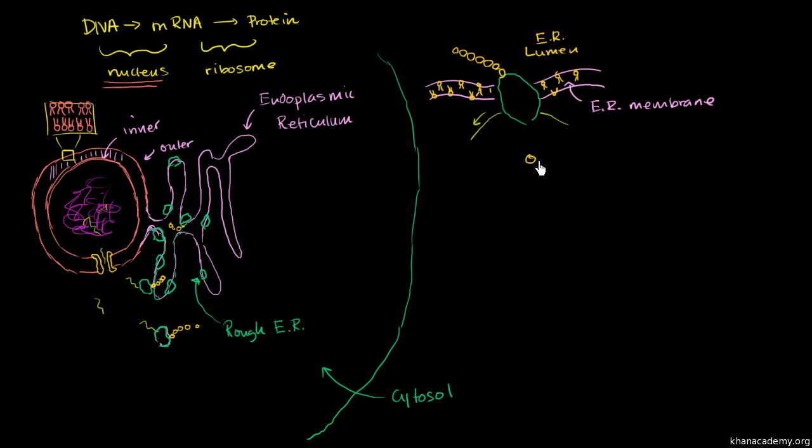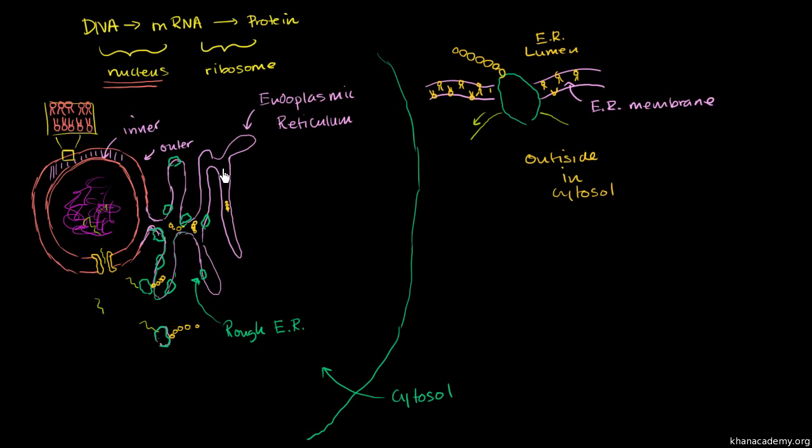Here we're outside, in the cytosol. So that way you get the protein now inside the ER, and it can travel through it. And at some point it can bud off. So let's imagine the protein is right over here.